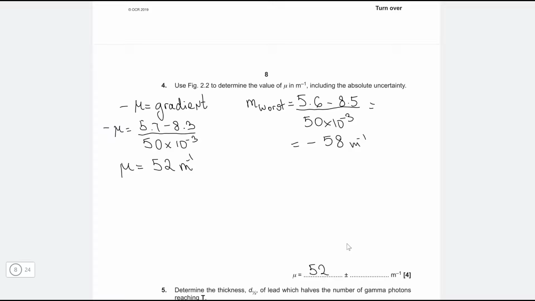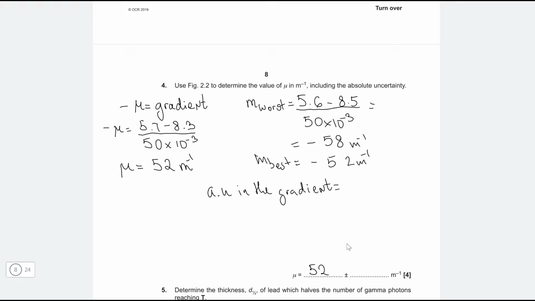Now, our original gradient for the line of best fit, I'll just write that here, was minus 52. So you might remember the formula that I've given you, that our percentage uncertainty in the gradient is equal to the line of worst fit, take away the line of best fit, divided by the line of best fit times 100. Well, our absolute uncertainty, I'll just write that AU in the gradient, is just simply the two values taken away from one another.